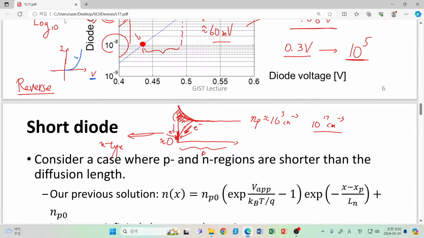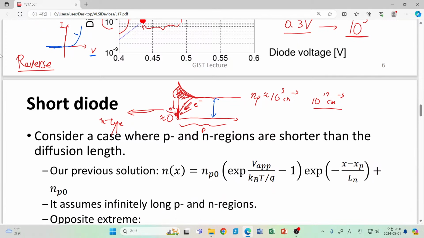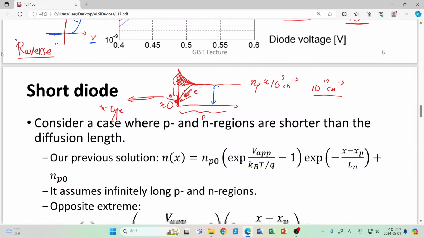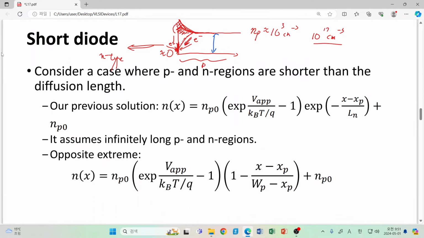However, in the case of a reverse one, there is almost nothing, because once again excess minority carrier density cannot go to negative value, and this difference is so small that we cannot derive much current. Okay, so that was a simple note on our reverse bias junction. I will not deeply talk about this one, and we have to discuss short diode.